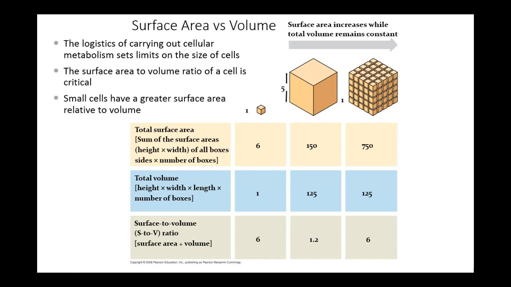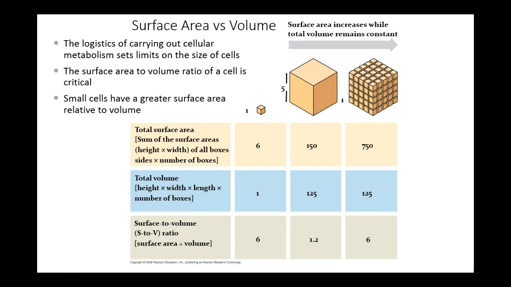So looking here, in the first block, total surface area, the formula is the sum of the surface areas, height and width of all box sides, times the number of boxes. So that's total surface area. In the first one, height and width, you have 1 unit. Surface area is going to be 6.